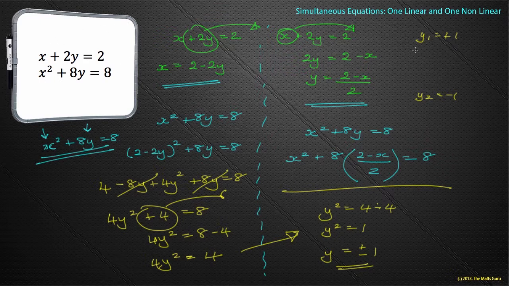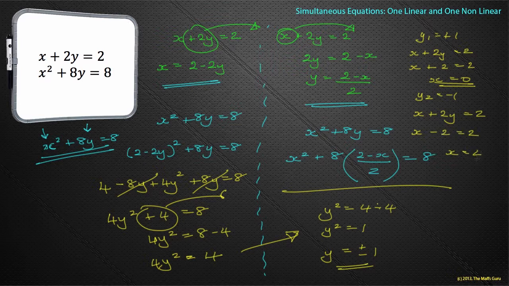So if I have x plus 2y is equal to 2, and I know that y is 1, then x plus 2 equals 2 must give you x is equal to 0. And what happens here? Well, again, x plus 2y equals 2, but in this case y is minus 1, gives x minus 2 equals 2, so x in this case must be 4.